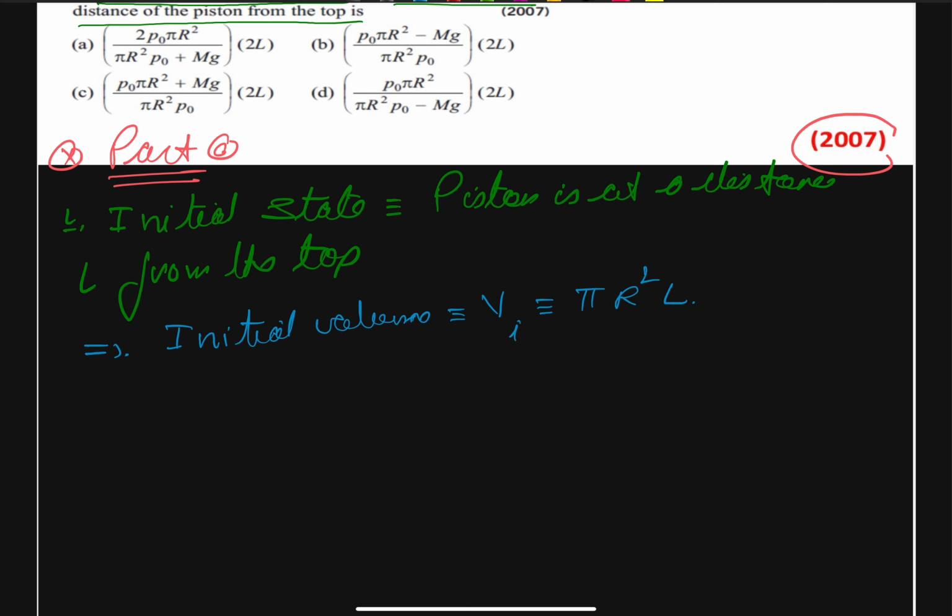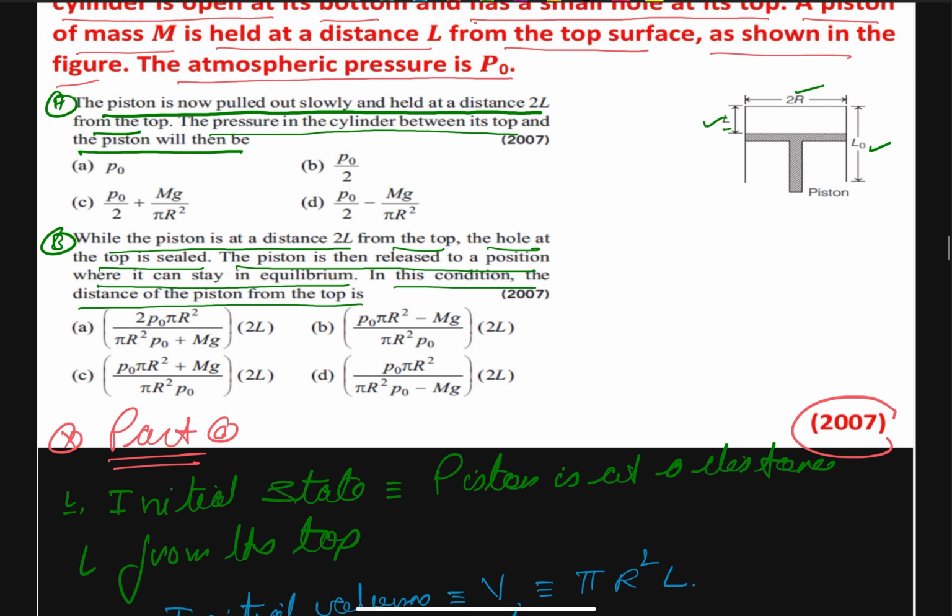Now it is also given that the cylinder is open at the bottom, so here it will be having a pressure of P0, and there is a small hole on the top also.